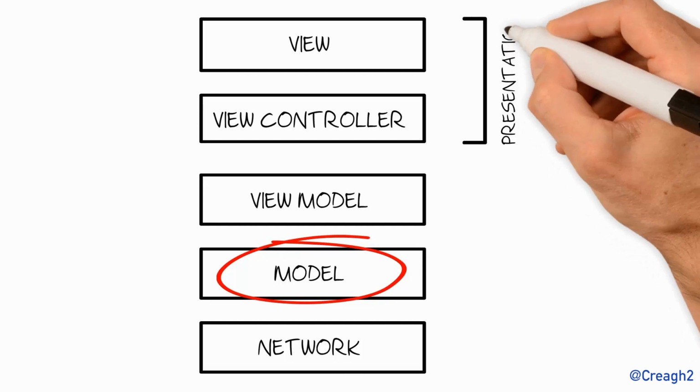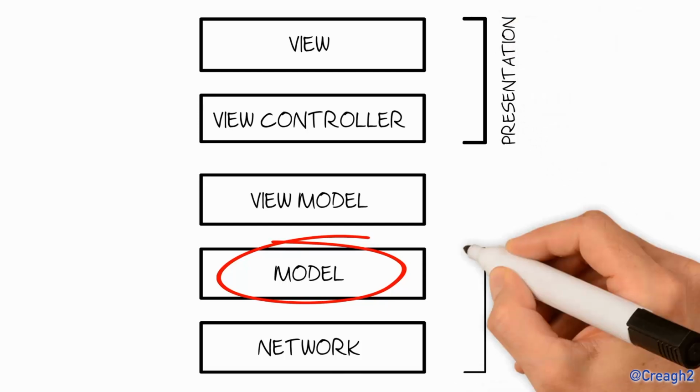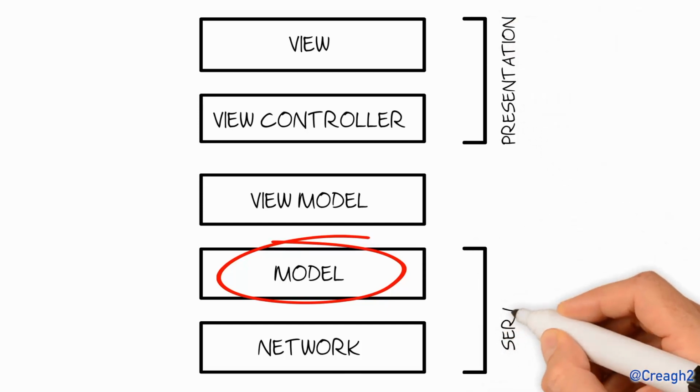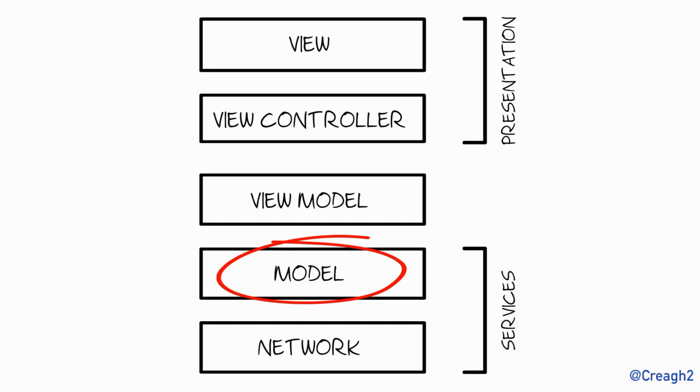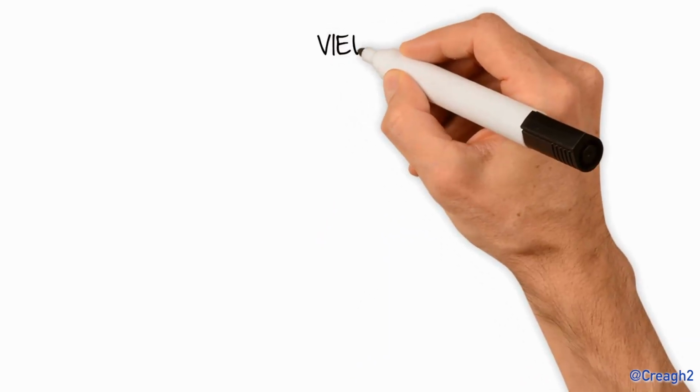I always consider a networking layer as a facility for establishing a model from a remote source. Hence, to complete our adaptation of the model layer into a services layer, we should include local storage.